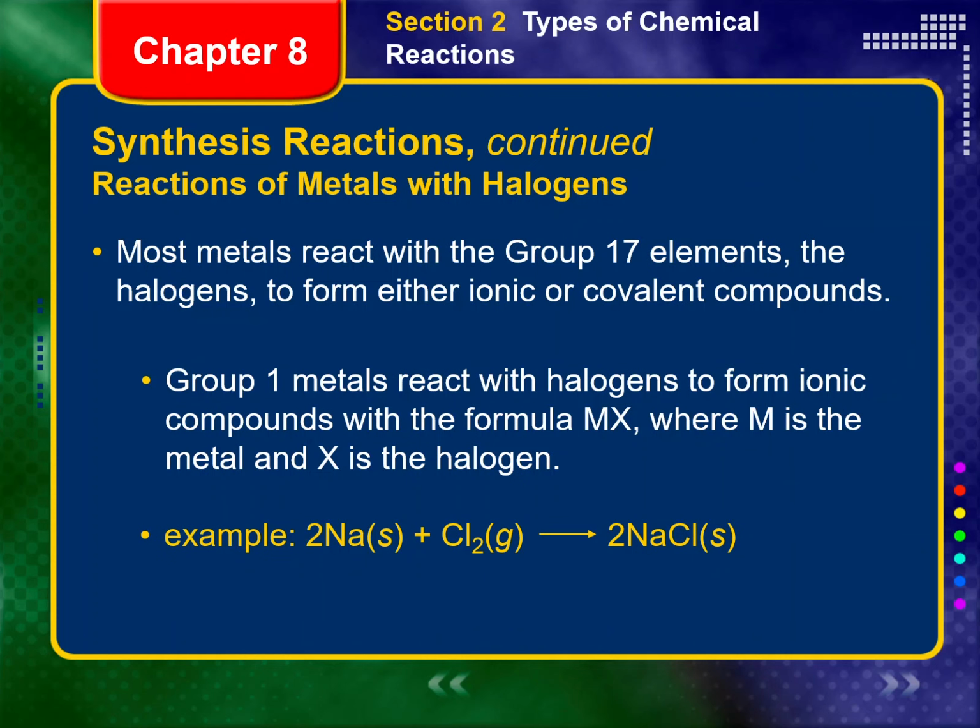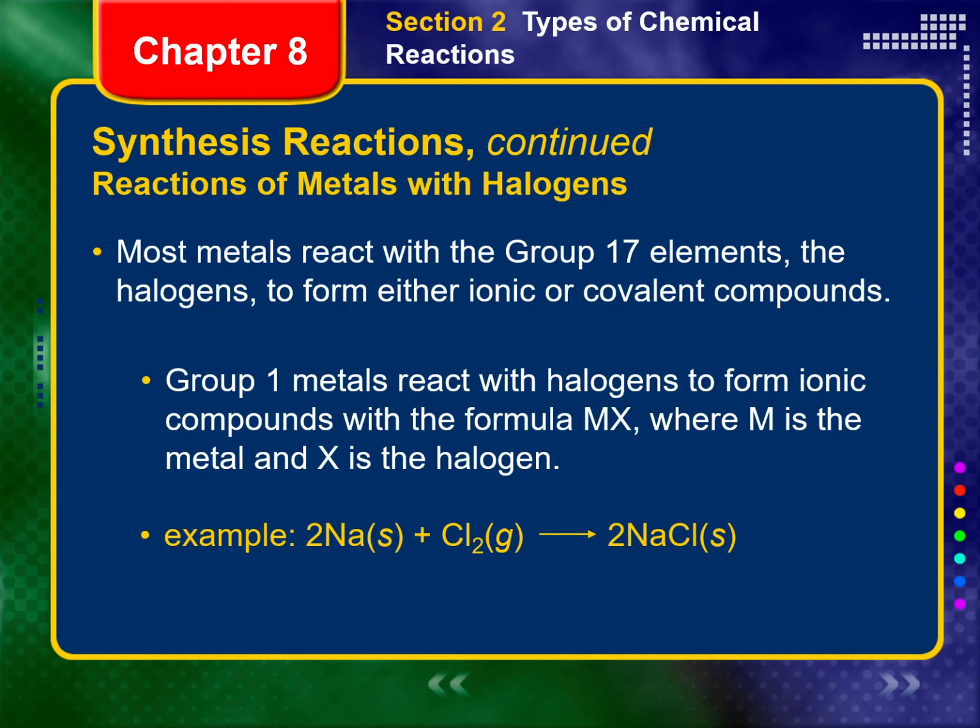Most metals react with group 17 elements, the halogens, and they form either ionic or covalent compounds. For example, group 1 metals react with halogens to form ionic compounds with the formula MX, where M is the metal and X is the halogen.